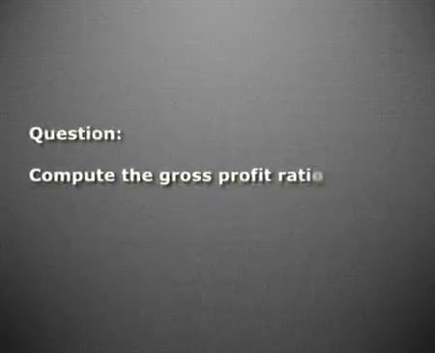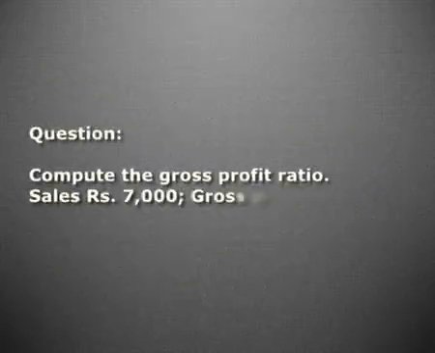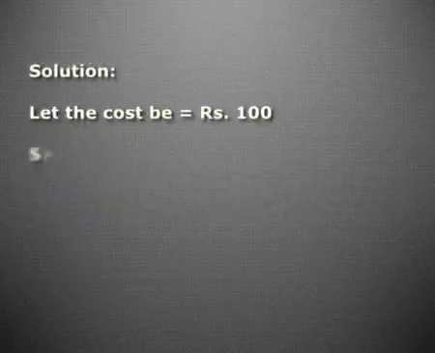Question. Compute the gross profit ratio. Sales rupees 7,000. Gross profit 25% on cost. Solution. Let the cost be rupees 100. Sales is equal to rupees 125.